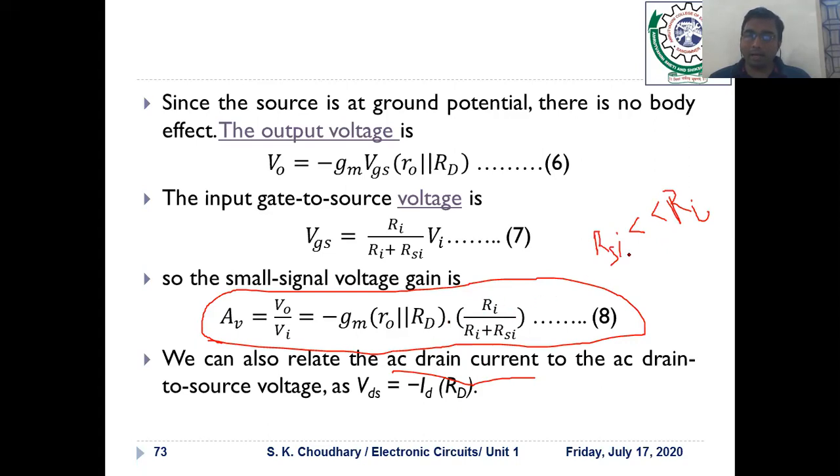If RSI is very much smaller than Ri, it would be neglected here, Ri would be cancelled out, and the gain would be only minus gm (ro parallel RD). You can remember this formula also. In most numericals this formula would be minus gm (ro parallel RD). That's enough. So in this way we modify the voltage gain formula in lots of cases.